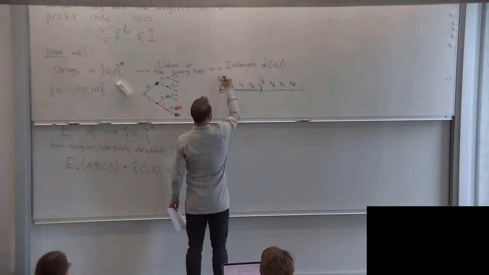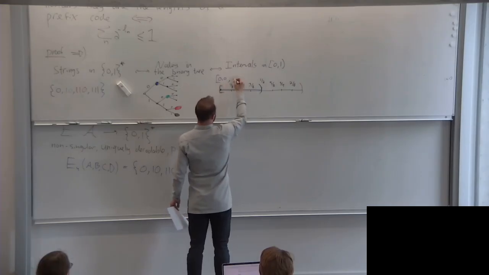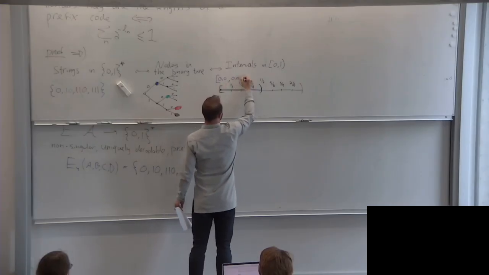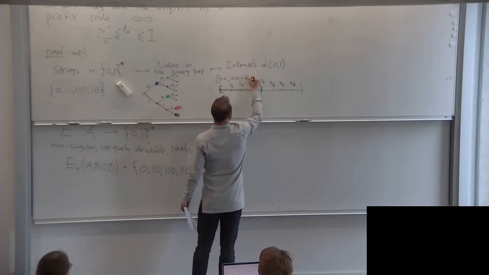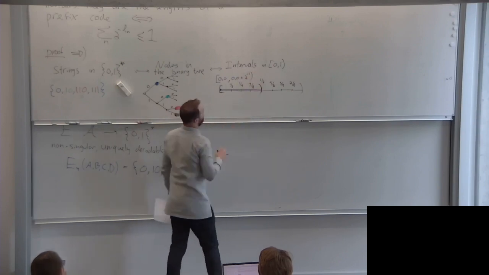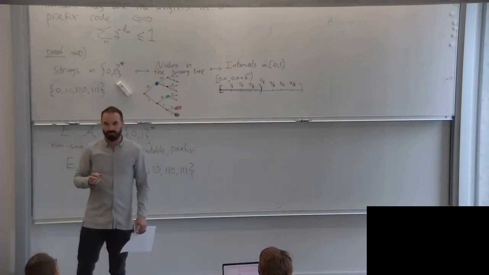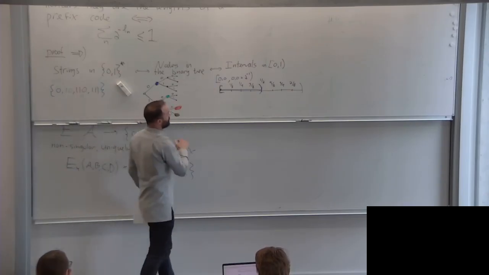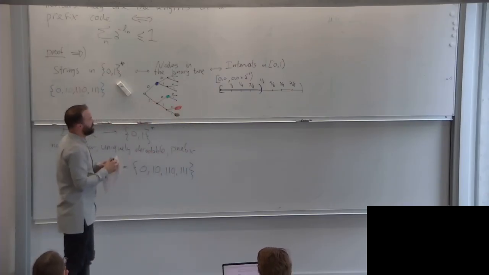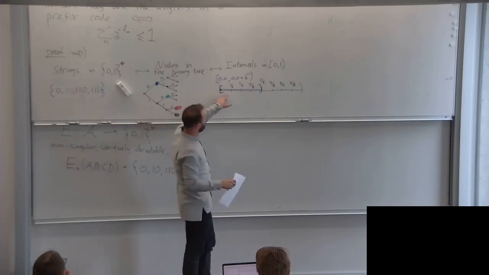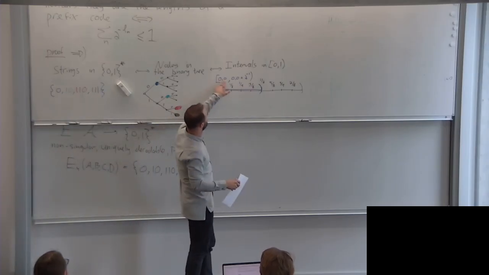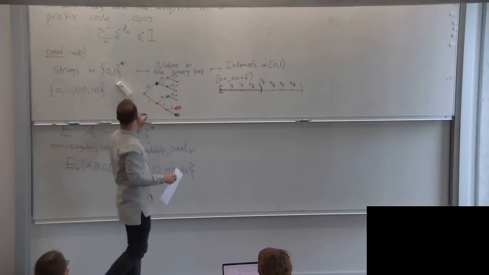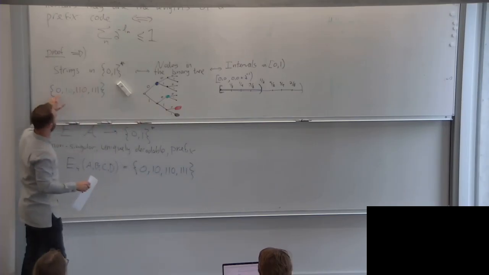So I could say that this is the interval from 0.0 until 0.0 plus 2 to the minus 1, which is 1/2. We're going to see that this generalizes. I'm basically taking all the numbers that start with 0.0 something, and this defines my interval corresponding to the 0 here.